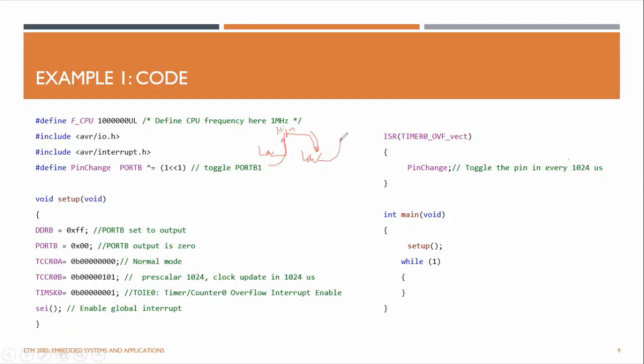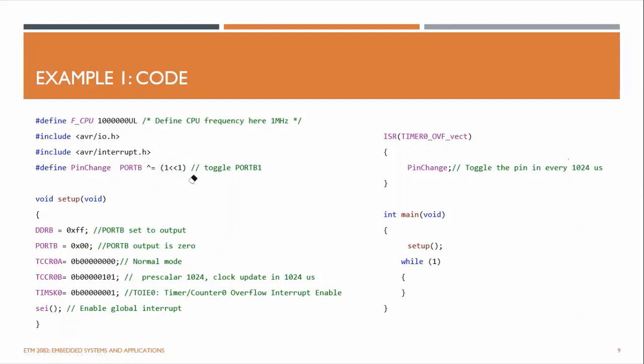If it is low, again you change it to high. So this is the command to toggle this pin. This is bit number 1, PB1, and you set it to 1 and use this command. Then it will toggle this pin, high to low and low to high, right?